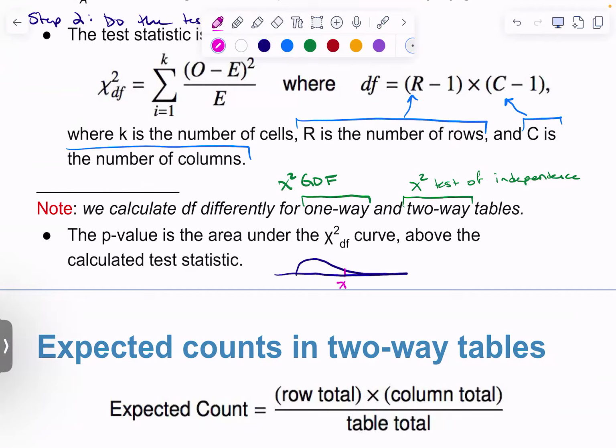If we calculate our chi-squared, then this would be the p-value. And it's a bummer because you guys are all so well trained now about the one-sided, two-sided, but for our chi-squareds, there's only one side, right? And so we don't even talk about it. We just call it the p-value.